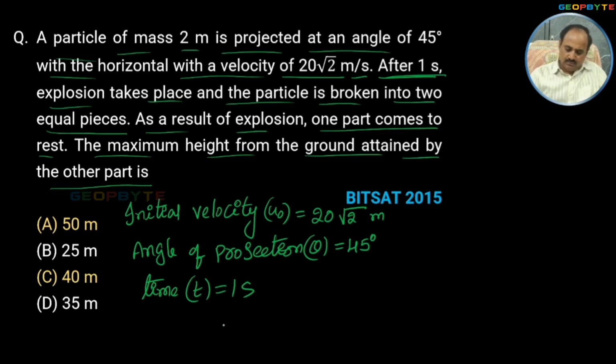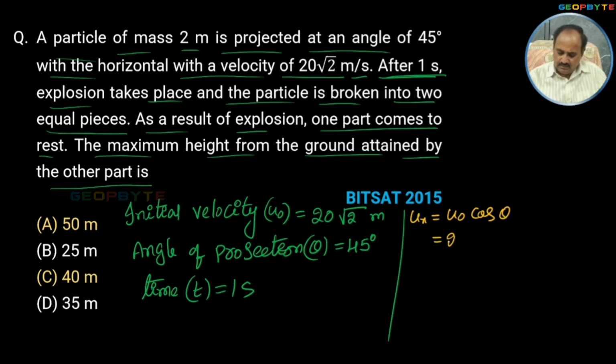For that, the horizontal component of velocity ux equal to u naught cos theta. U naught is 20 root 2, cos 45 degrees is 1 by root 2.